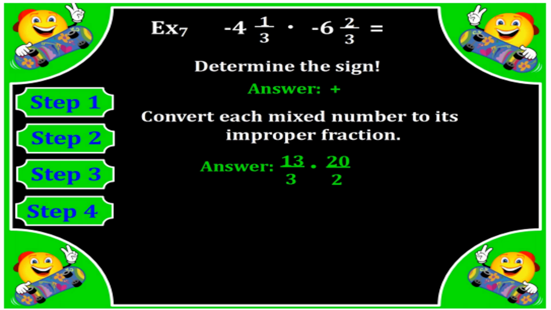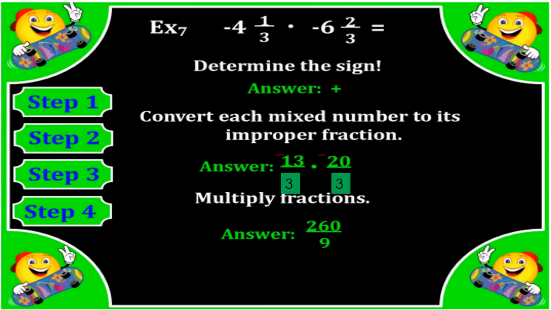Ita-times lang natin sa taas. Okay? So, 3 times 4, 12, plus 1, 13 over 3. 3 times 6, 18, plus 2, negative 20 over 3. Dapat negative sign siya, di ba? Okay. Yes. Dapat negative sign.